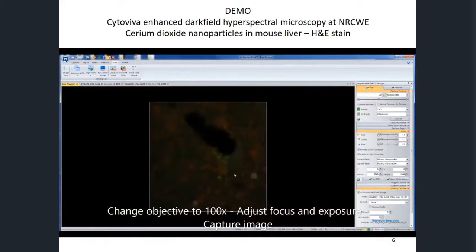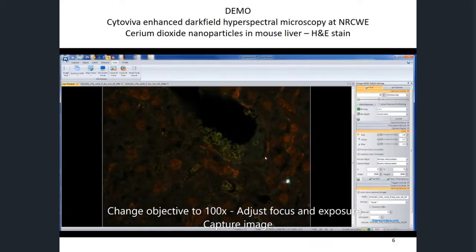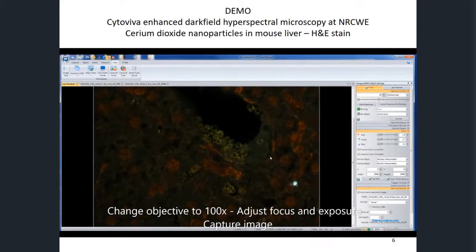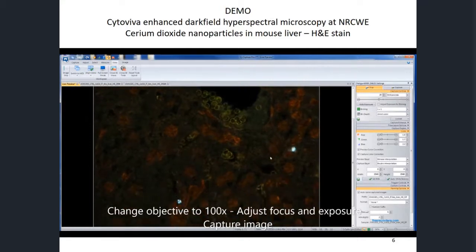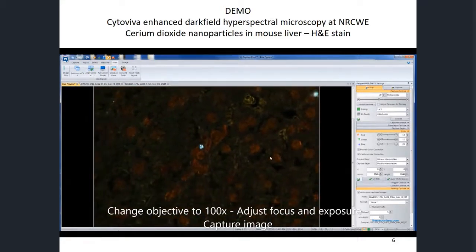To get a closer look at the objects that you found, you can change to the highest possible magnification on your setup. For us, it's the 100x objective. And now you see more clearly the donut shape of the red blood cells, and you can adjust the focus for one of these scattering agglomerates.